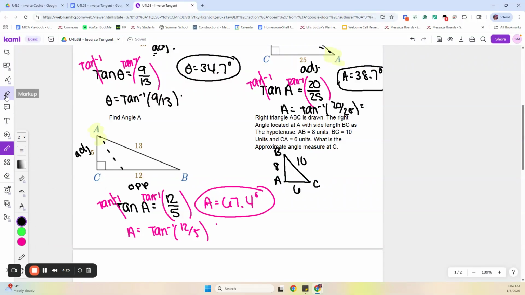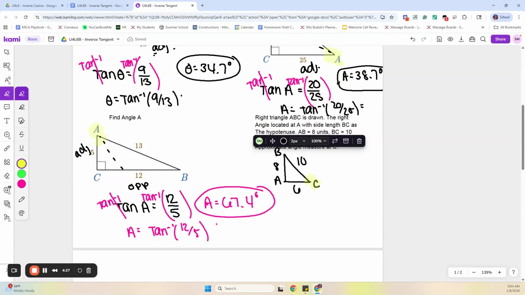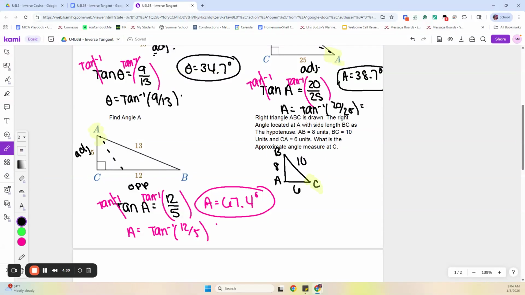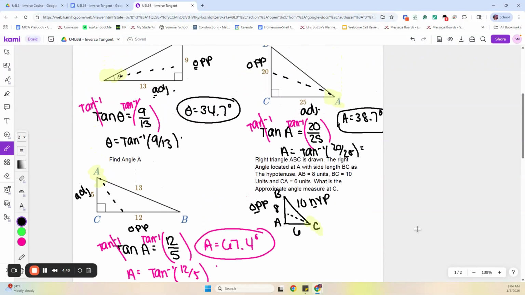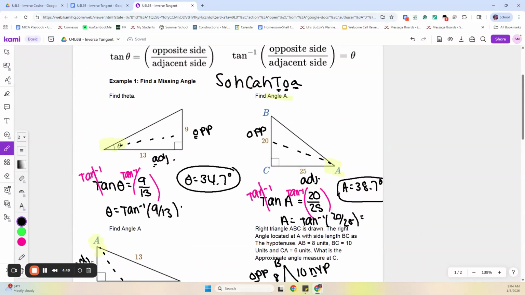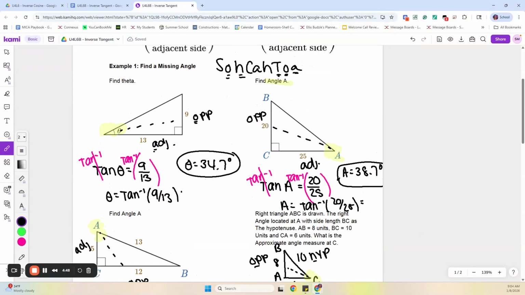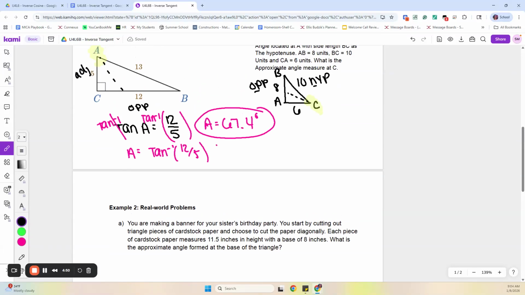All right, so then if I want to find C here, again, I kind of have my pick right now. I can choose whatever I want to do. So if I choose opposite, and then maybe let's change it up. Maybe I want to use my hypotenuse over here. So opposite hypotenuse, if I look at my SOHCAHTOA, I can use sine, that S. So I can set this up as sine of my angle C equals opposite over hypotenuse.